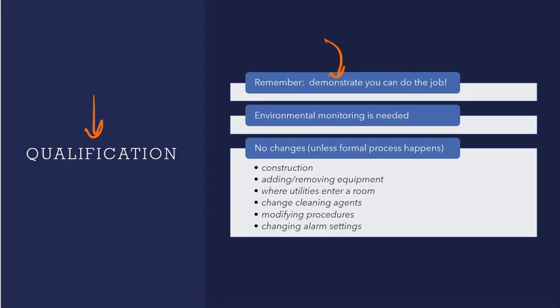And then again, no changes. Unless a formal change happens within the company, no changes can actually happen in these production areas. Everything from construction, adding, removing equipment, where utilities are entering a room, changing cleaning agents, modifying procedures, changing alarm settings, all of those are going to be part of the qualification of these areas and of the facilities that I'm working within.